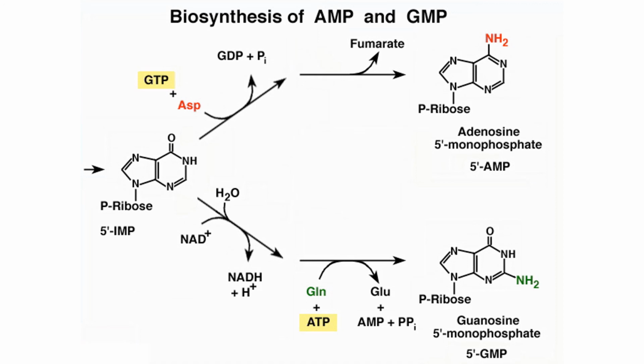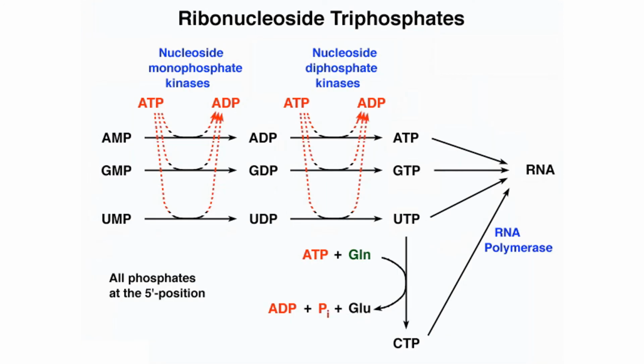Now we have our monophosphates, at least 3 of them, and these are then just phosphorylated by nucleoside monophosphate kinase, and this kinase does not distinguish between these.